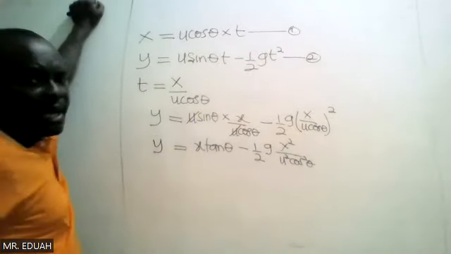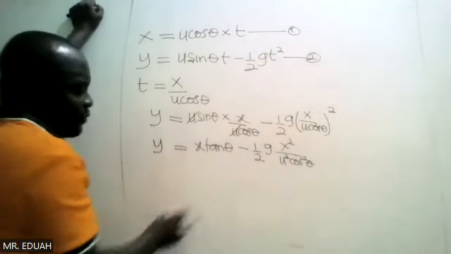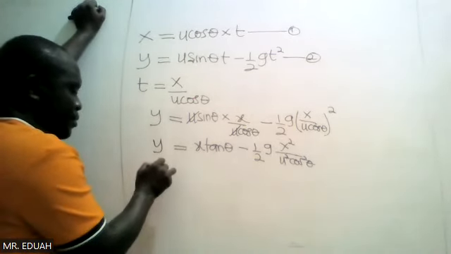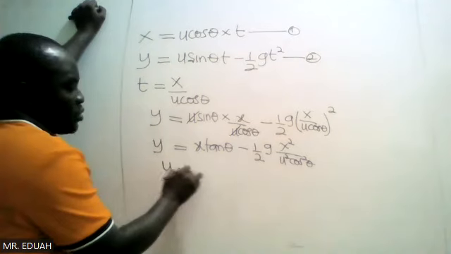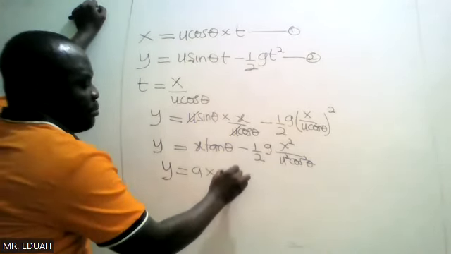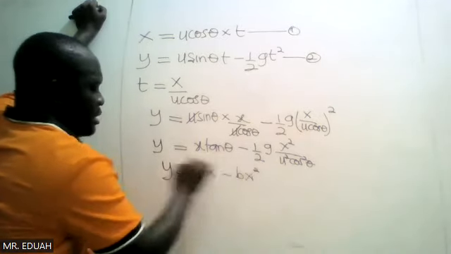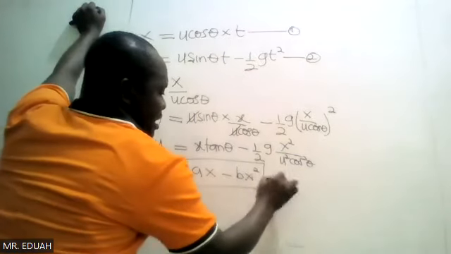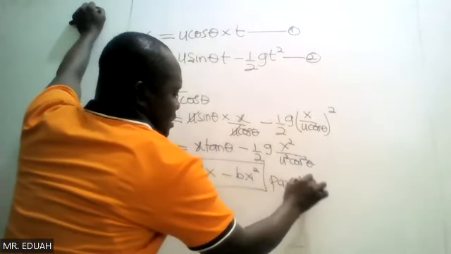Now when you compare what we have to the equation of a parabola, y is equal to ax minus bx squared. This is the equation of a parabola.